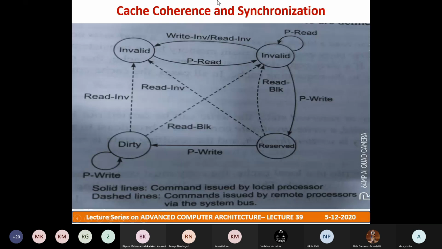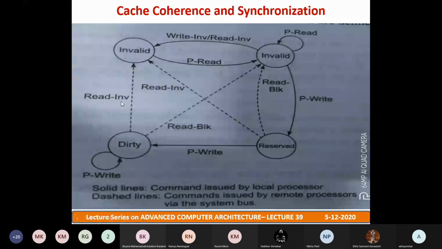So this is how it is. It is going to have four states. Let us start with dirty. If somebody writes it, it is a command issued by the local processor. Solid lines are commands issued by the local processor, whereas dashed lines are commands issued by remote processors. When a processor does read-invalidate by another processor, it will move to invalid state.